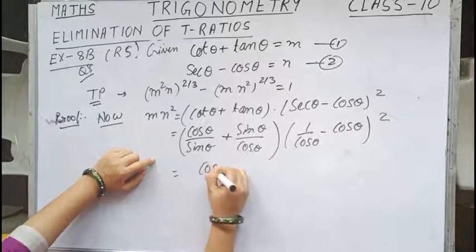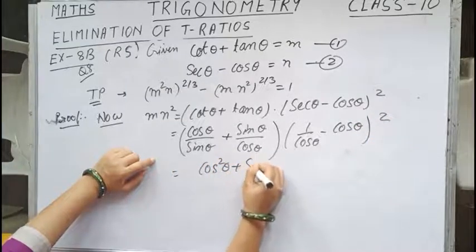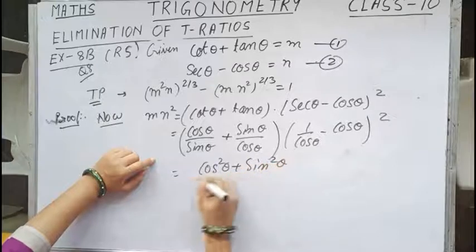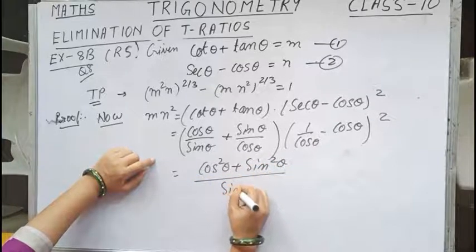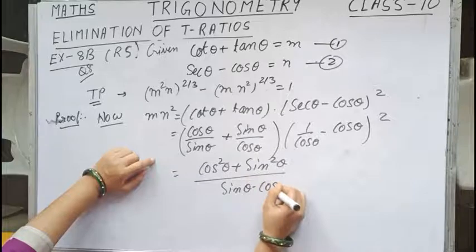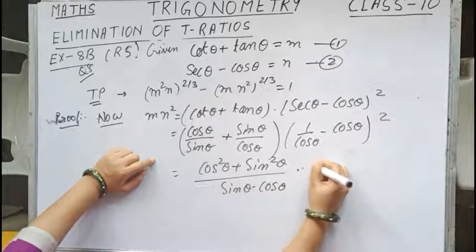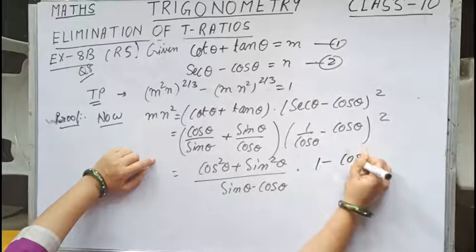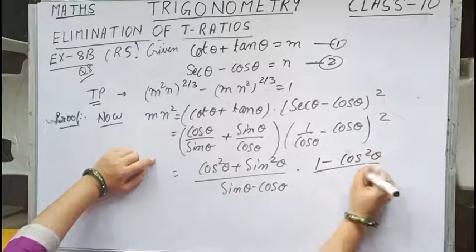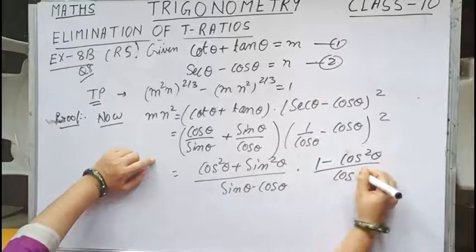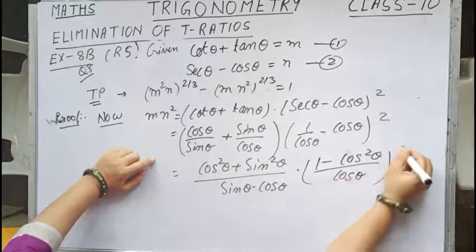So this will be equal to (cos square theta plus sin square theta) by (sin theta into cos theta) and into ((1 minus cos square theta) by cos theta), and it is whole square.